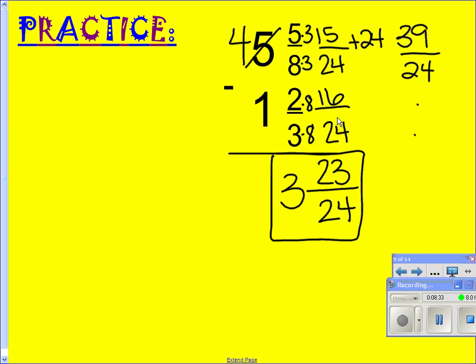Okay, remember, if the numerator on the bottom is bigger than the numerator on the top, you have to borrow. If you have a question, you can go to the computer and rewatch this lesson, or you can start on your homework. Remember to always simplify your answers and show that you are borrowing.